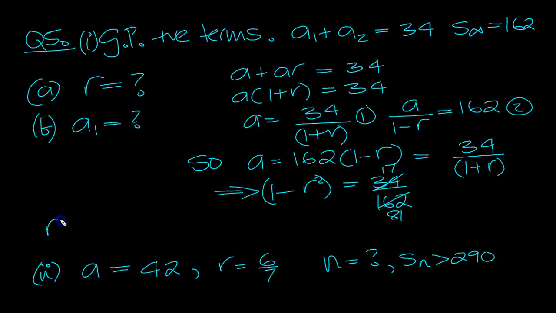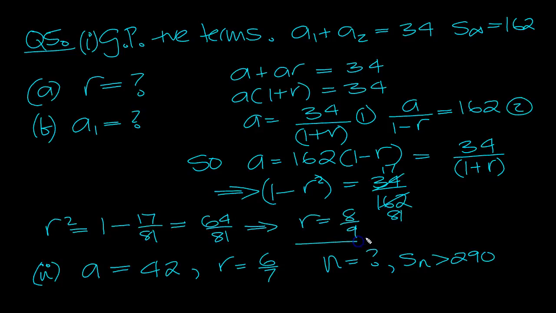So r squared then is equal to 1 minus the 17 over 81, 64 over 81, which is promising, so r is equal to 8 over 9.